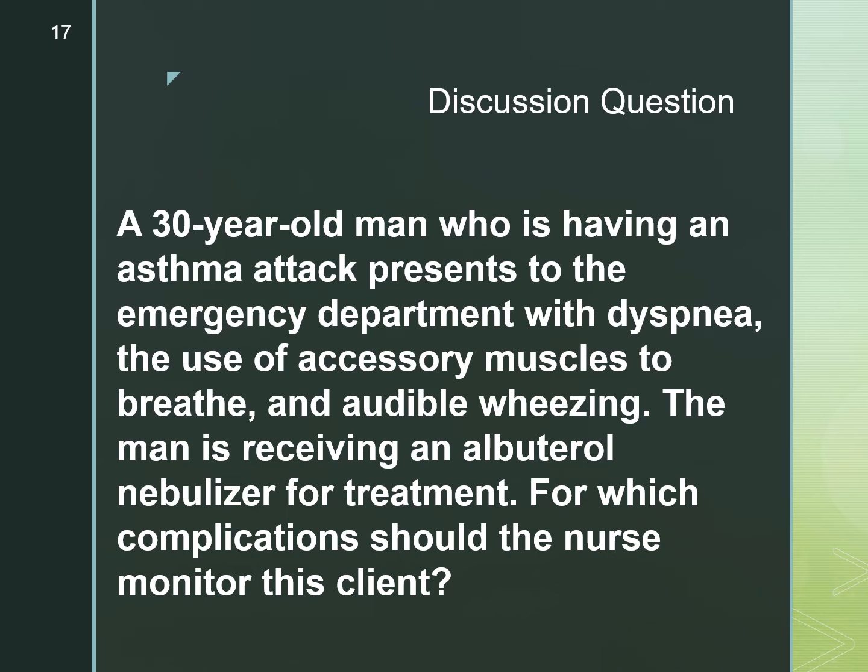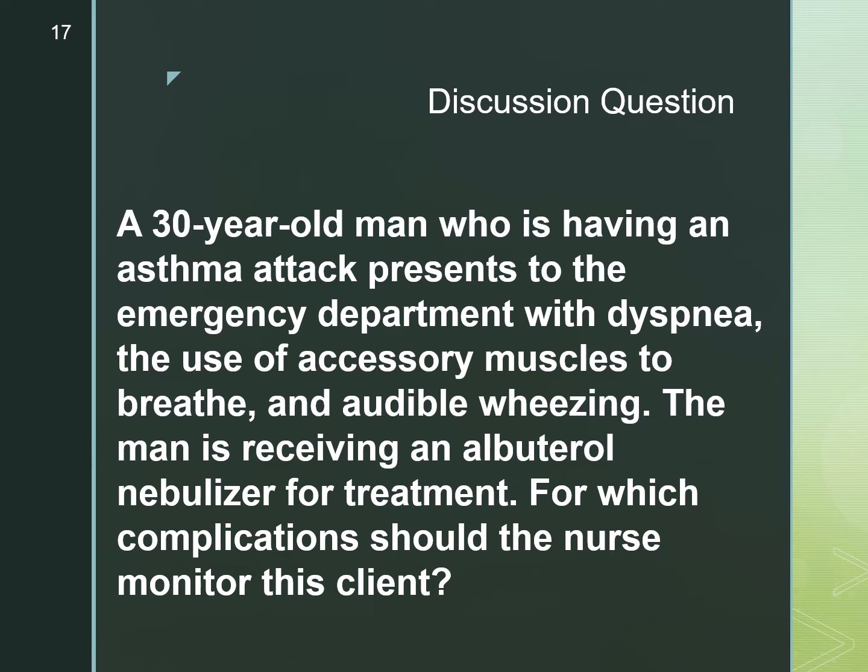So complications that we're going to monitor for in this client. This gentleman may be having bronchospasms in addition to those narrowed airways. If we don't treat it, it can lead to more serious issues such as right-sided heart failure, pneumothorax, acidosis, respiratory or cardiac arrest.